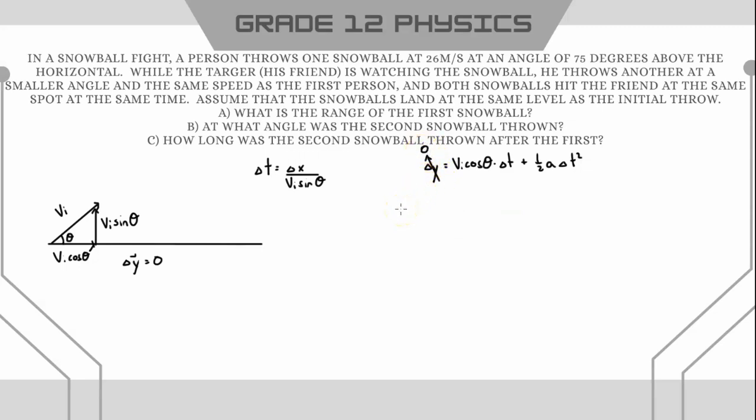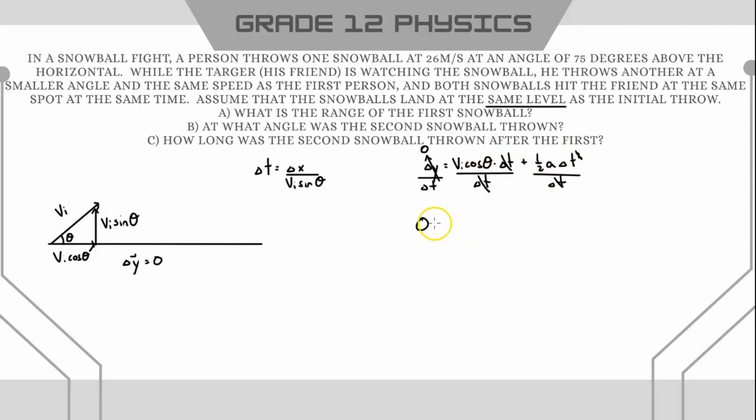And so this range equation only works if you are on level ground. So that's why I was able to use it for this question. And then if we divide every term by one factor of time, and I can do that because I know time is not going to be 0. You never want to divide by 0, but time is definitely not 0. So we simplify a little bit.